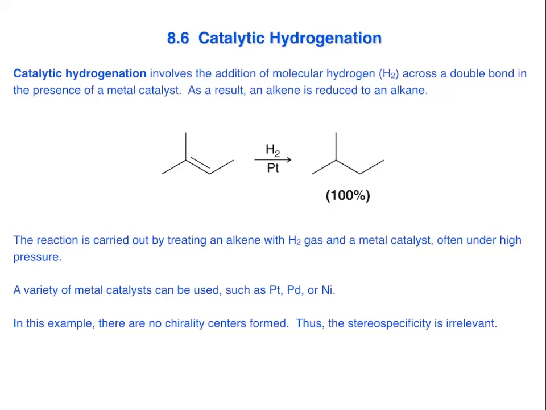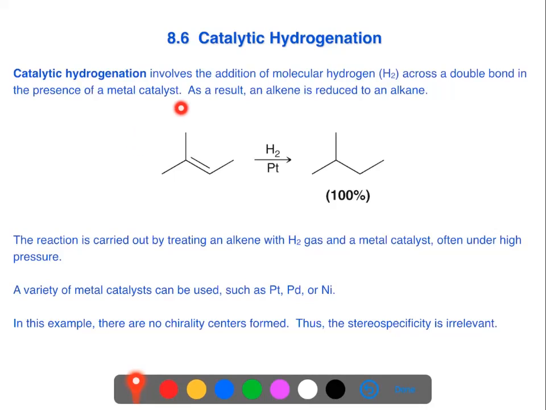As you can see in this example, we have an alkene in the presence of hydrogen gas and platinum as our catalyst. This is our metal catalyst. The observed product resulting from this reaction is the alkane. What's not shown in the bond line structure is that we're forming two new bonds to hydrogen for those two carbons of the original alkene.